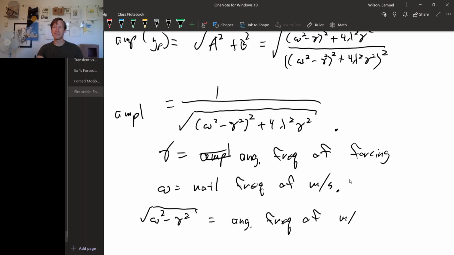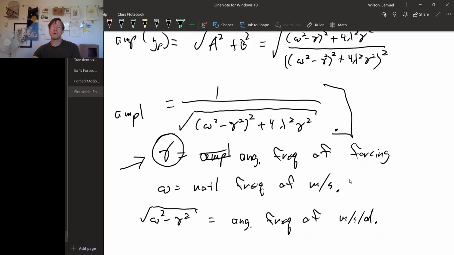So mass, spring, damping. What we're imagining is that we have a mass and spring setup, and we're providing some external force at a certain frequency. And our question is, if we vary the frequency of this external force, what happens? So what we should do is treat gamma like a variable and plot this function as a function of gamma.